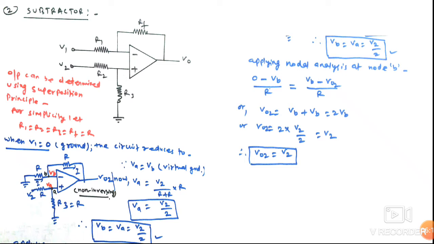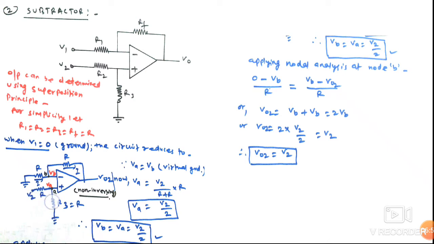Now we can apply nodal analysis here to calculate VO2, that is, the output voltage due to V2. Through the virtual ground concept, VA is equal to VB. Before calculating VB, we have to calculate VA through this loop.